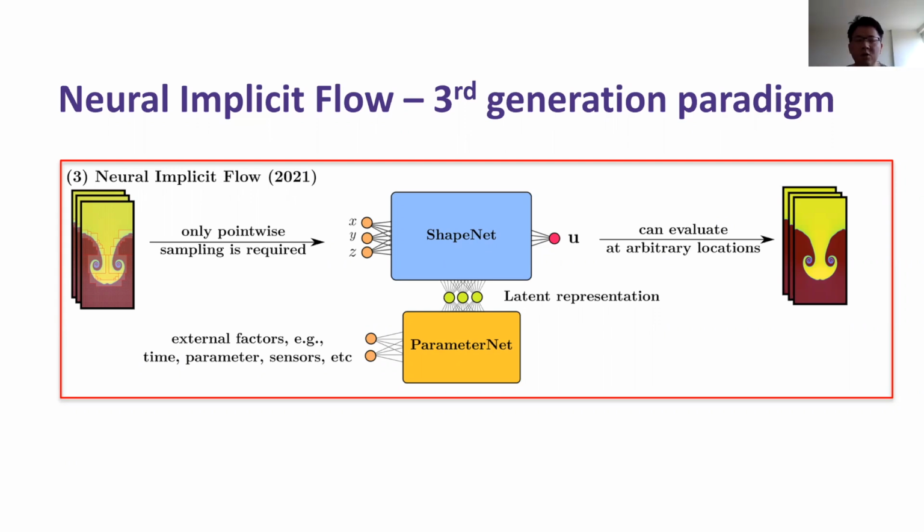Let me see. The external factors will go to the ParameterNet. ParameterNet takes the external factors as input, and it outputs the latent representation. So the latent representation is determined by the external factors.